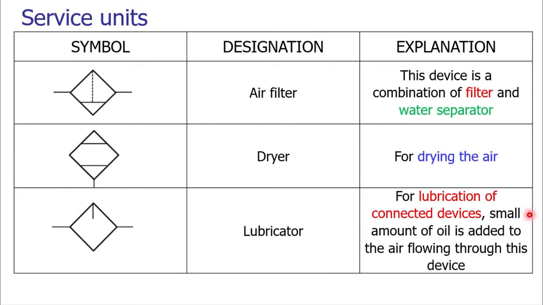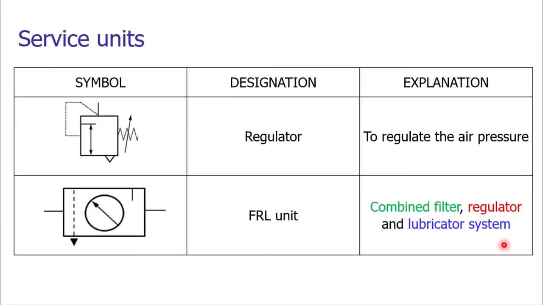As we have seen, lubricators are used to generate the oil mist, which can be utilized to lubricate a variety of mechanical elements of the pneumatic system. The entire FRL unit, the service unit, which has filtration, regulation and lubrication facility together, can be shown by using the symbol on your screen.